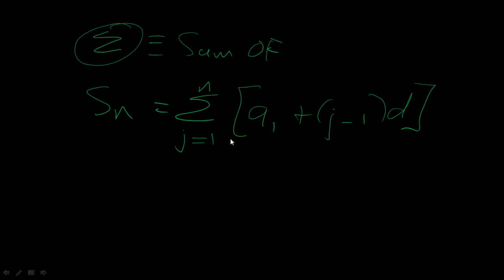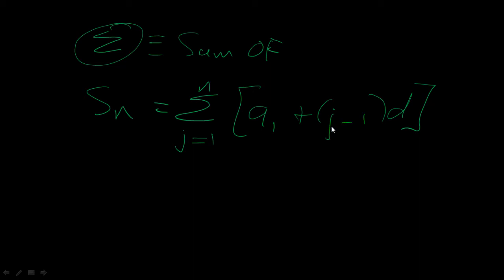If we look at this equation, it simply makes logical sense, because the definition of an arithmetic series is basically the summation of all the terms of an arithmetic progression. Starting at j equal to 1, this will give me the form of my arithmetic series.